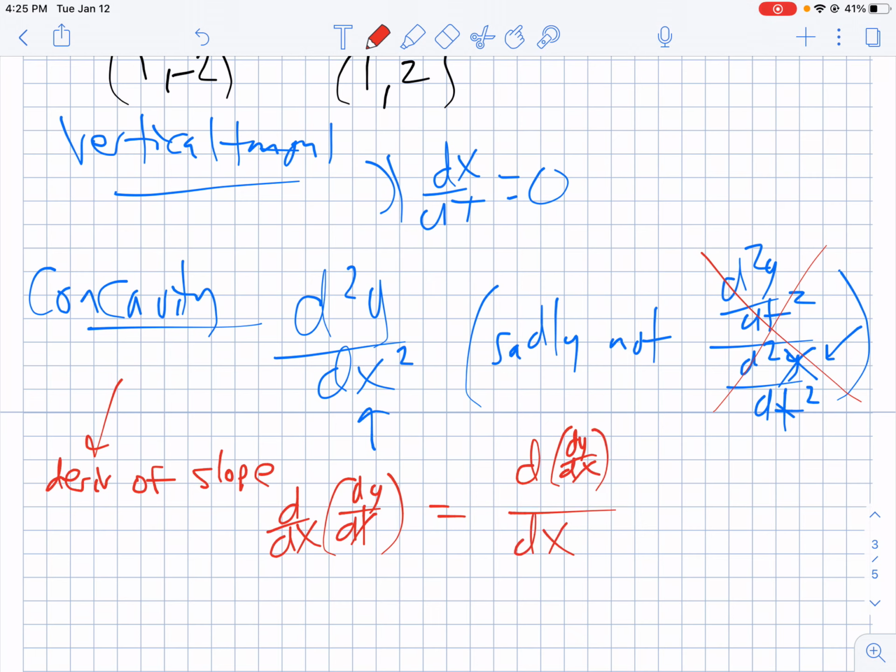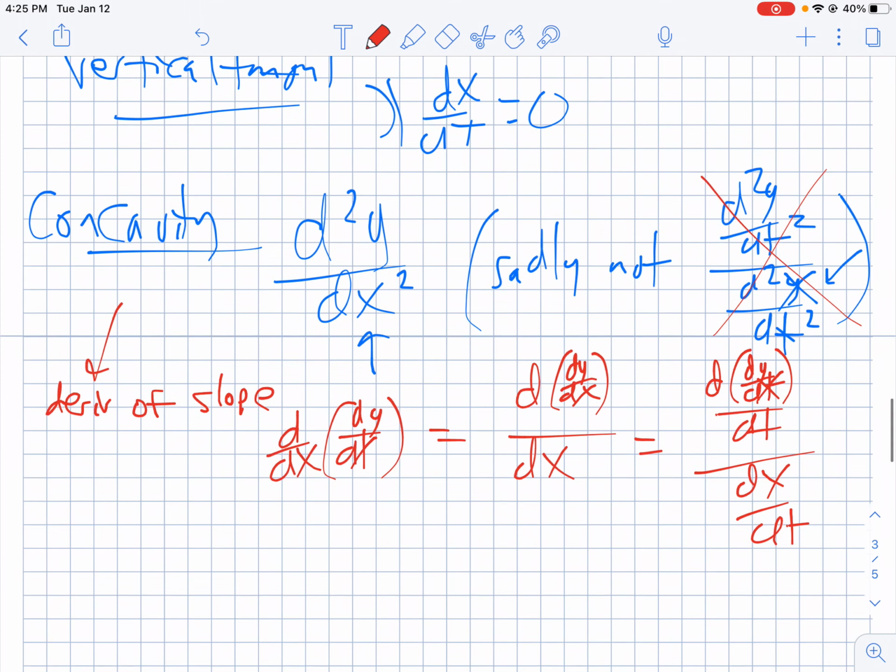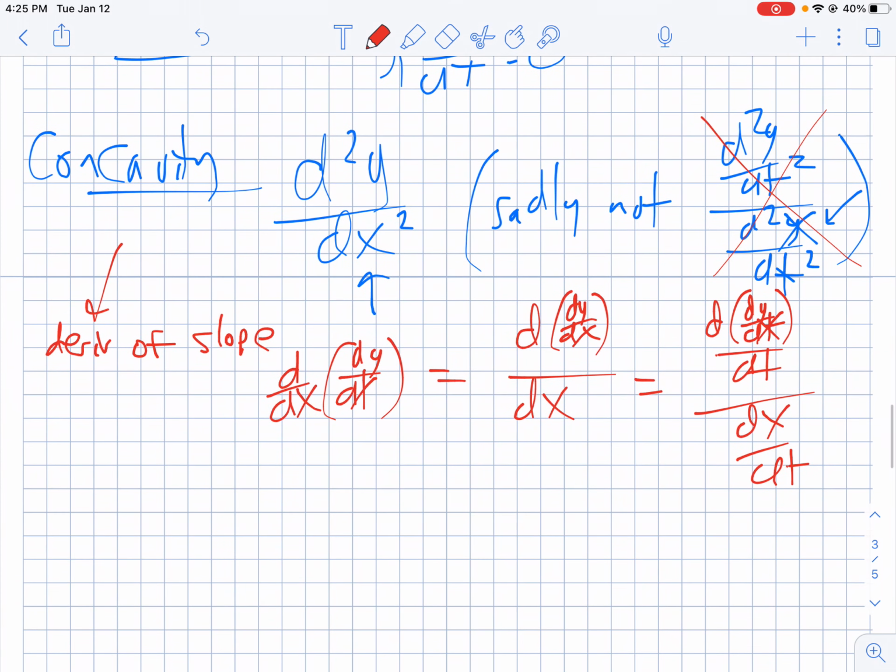So in terms of parametric, in terms of t, it's saying let's take the derivative of the slope in terms of t, and then take the derivative of x in terms of t, and divide those. So that's how we actually find the concavity. And some of these, of course, get pretty hairy. But what you're doing is taking the derivative of the slope and dividing by dx dt. That's how you find concavity.